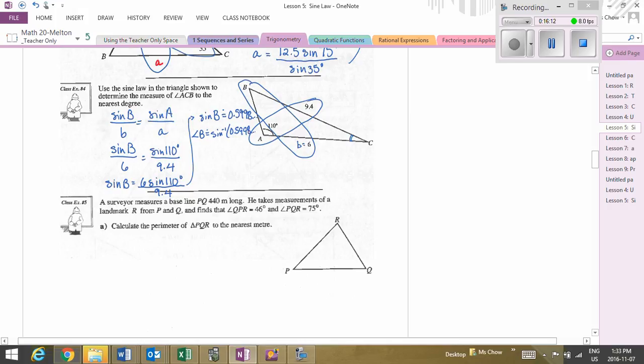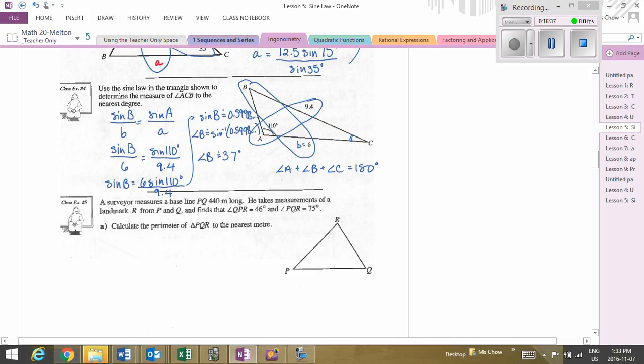So angle B is equal to the inverse sine of all of those decimal places. With your calculator, you can just use the answer button, and that tells us that angle B is approximately 37 degrees. So since angle A is equal to 110 degrees, angle A plus angle B plus angle C obviously has to equal 180 degrees.